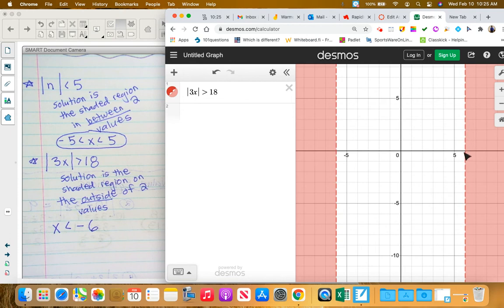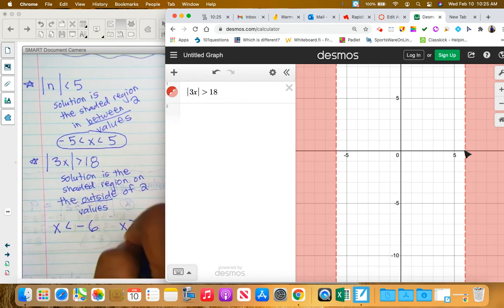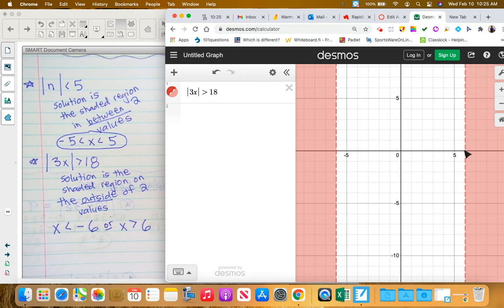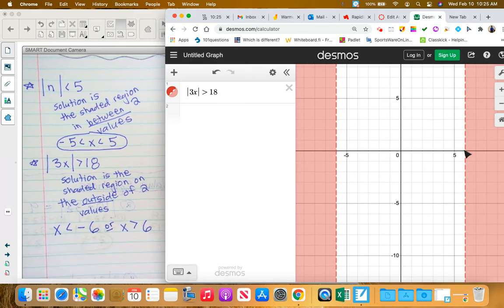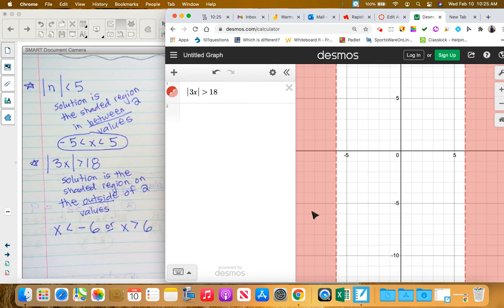If I come over here to this side, how do I say all numbers bigger than 6? So 7, 8, 9, 10, 11, 12. How do I quantify that? That is going to be x is greater than +6. And you're going to put an or in the middle because all of that is our solution. So anything less than -6, that will be the left-hand side, my shaded pink region here, or anything greater than 6, that's going to be my positive section displayed here.